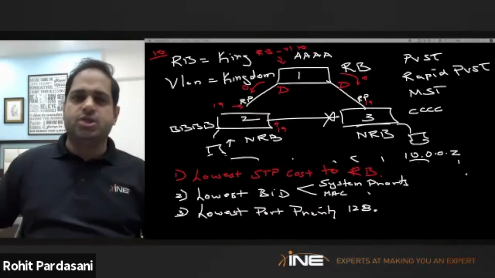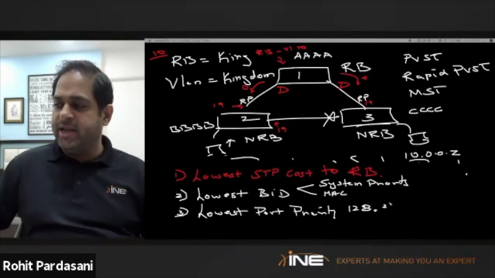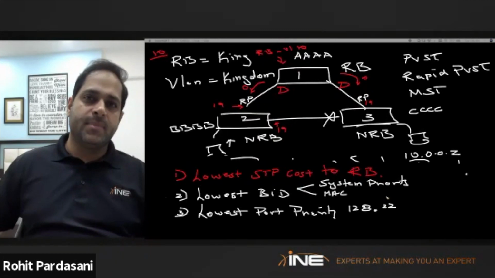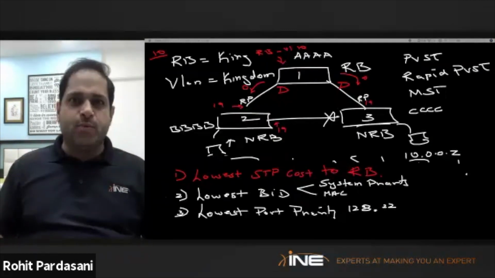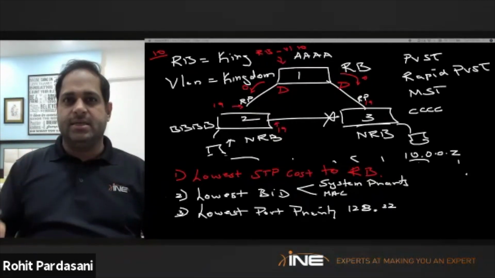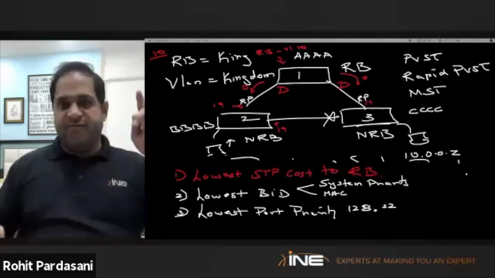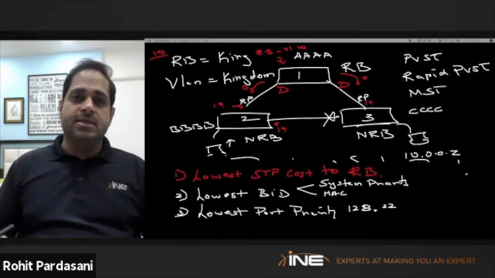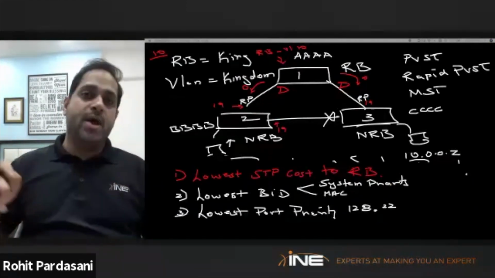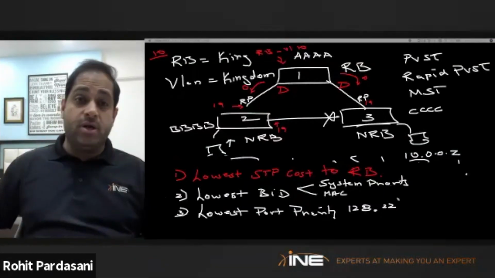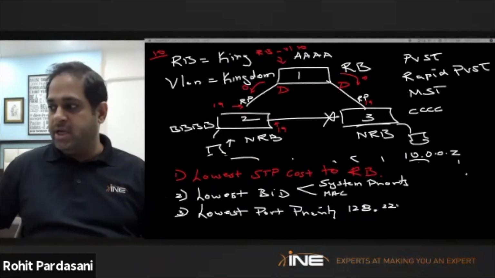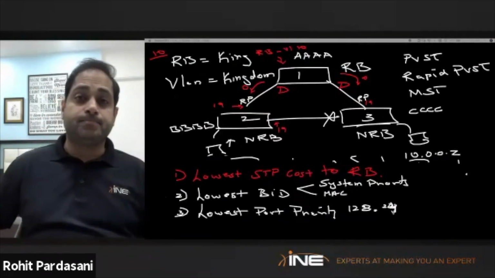So port number 22 would be 128.22. But let's say if I had a switch which had 24 fast Ethernet and maybe 2 gig ports. In that case, the first gig port would be 1, second gig port would be 2, and the fast Ethernet 0/1 would be 3, which means fast Ethernet 0/22 would be 24.